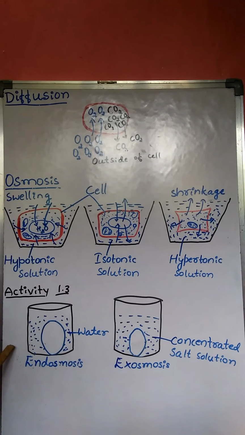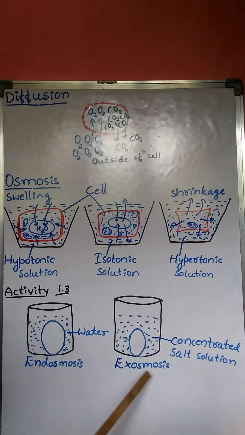The movement of water molecules from outside to inside of the cell through a semi-permeable membrane is called endosmosis. Endosmosis is a type of osmosis in which movement of water molecules takes place from outside to inside of the cell.